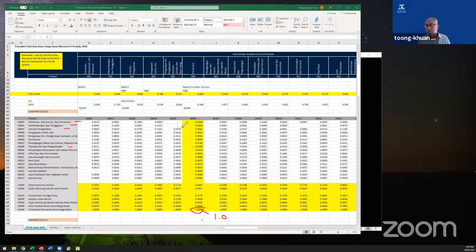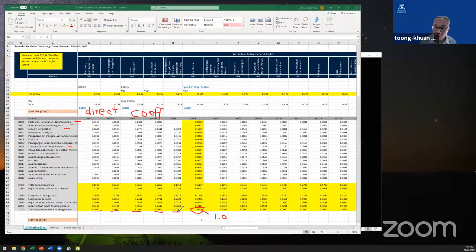So this table now of 17 by 17 is now called the A matrix. These are direct coefficients. We call them direct coefficients. Because we have converted all the values to 1 down here. All right.